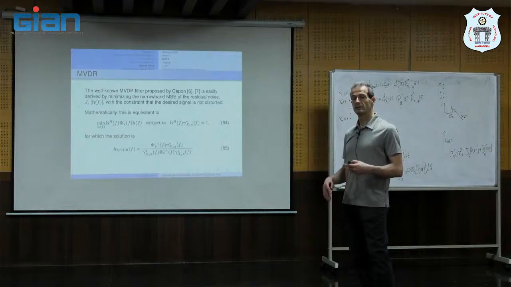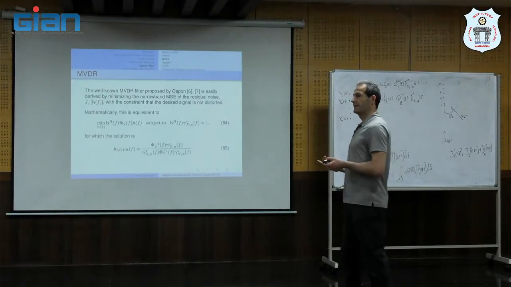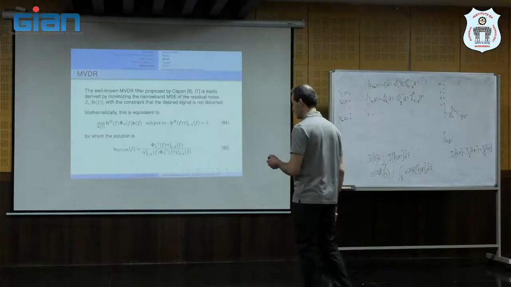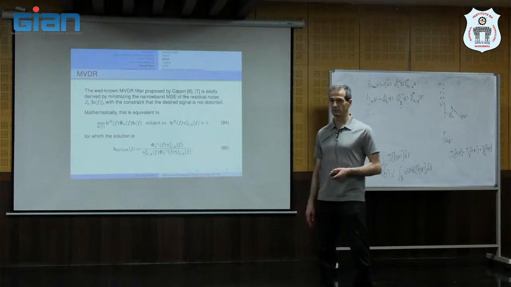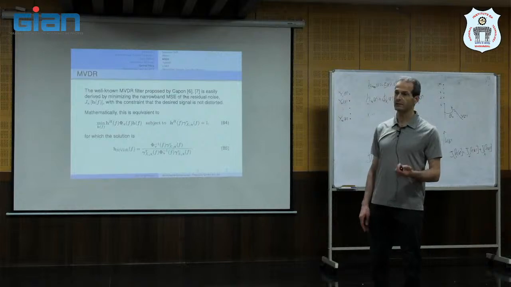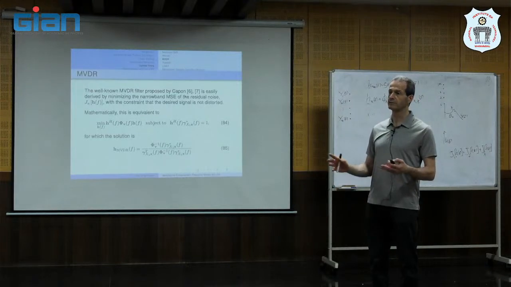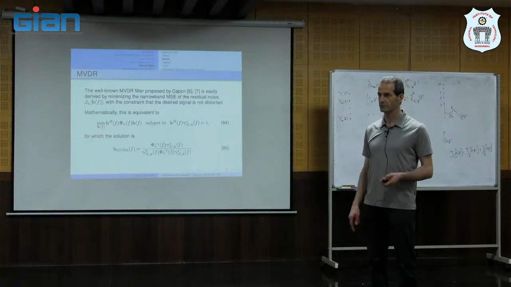Will it also be optimal in the broadband? Suppose that I want the broadband distortion to be zero. Is it also optimal in the sense that the broadband distortion will be zero? The broadband distortion index, for example. Will it be zero?